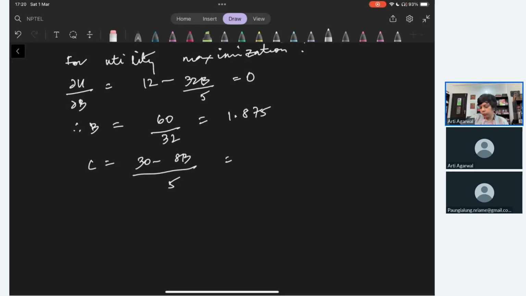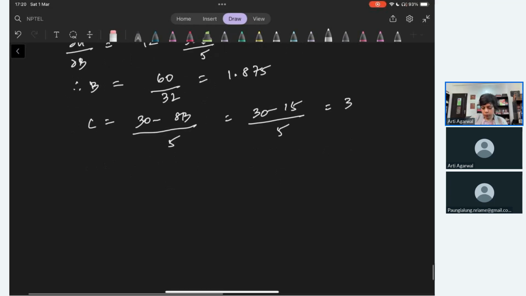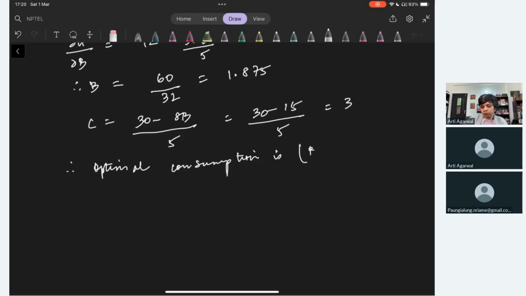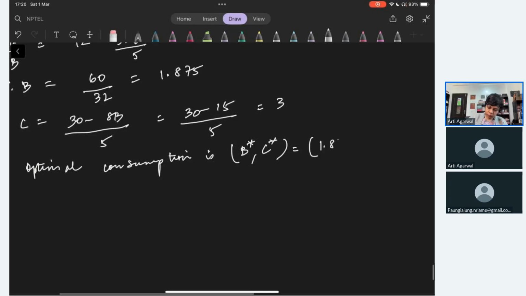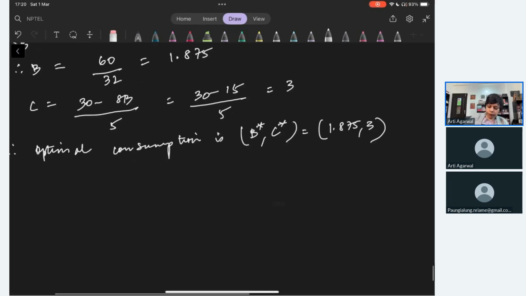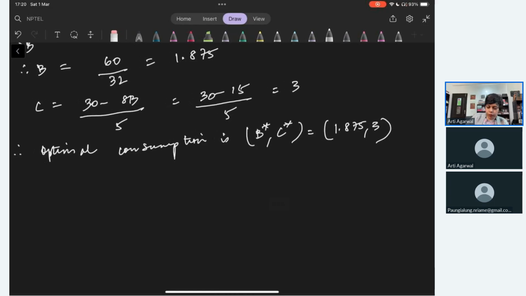This is 30 minus 15 by 5. This comes out to be 3. Okay, so this is the value of B. Let me highlight this because we will use this later.